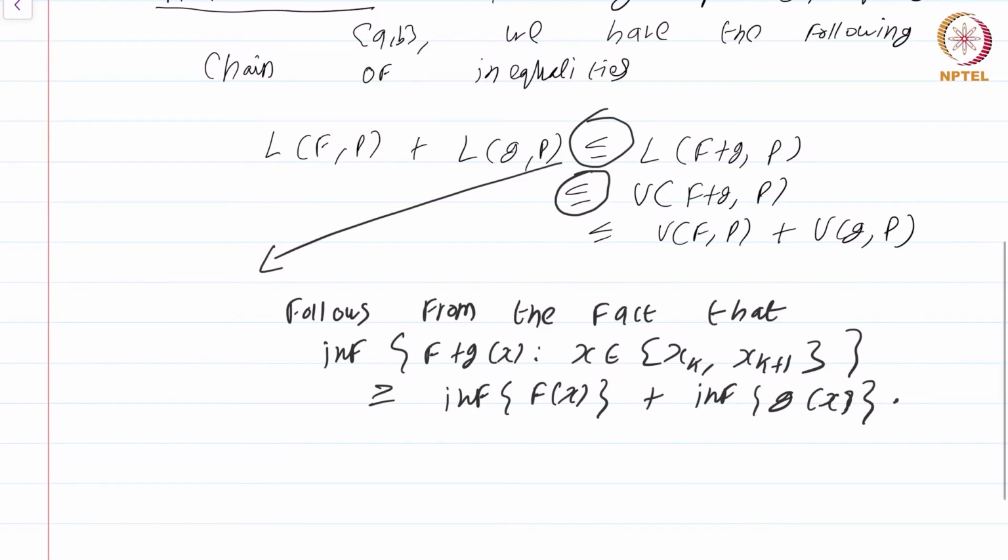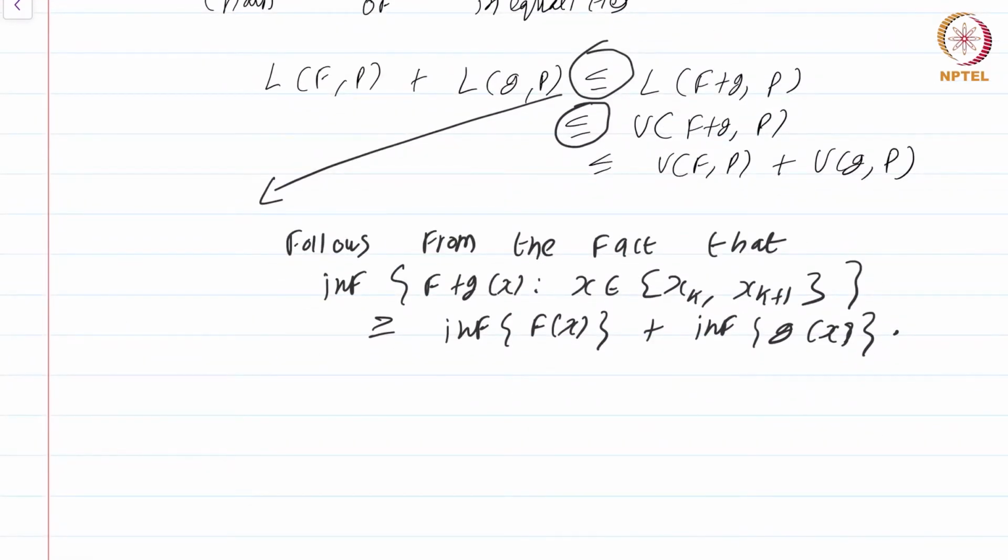So what is happening is, when you take the sum of these two functions, a graph will illustrate what is happening. If I take this to be the graph of f and this to be the graph of g, the minimum of the function f is clearly here, whereas the minimum of g is here, and they are not coinciding.